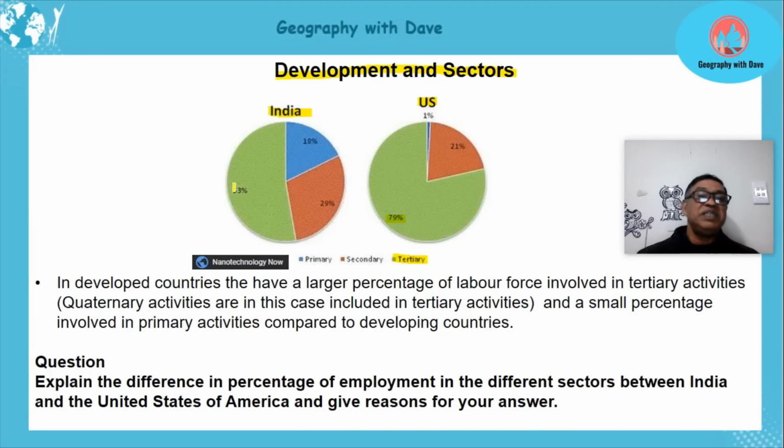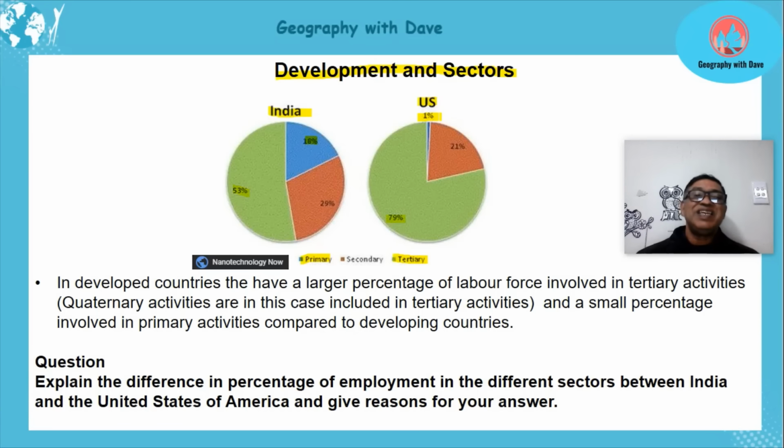Whereas in India, employment in tertiary was 53%. Huge difference. And if you look at India, the primary was 18%, and in the USA, it was 1%.